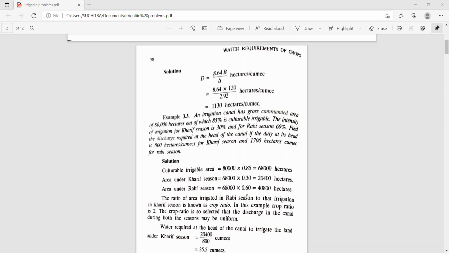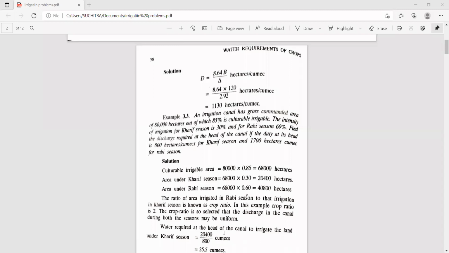The ratio of area irrigated in Rabi season to that in Kharif season is known as the crop ratio. In this example, the crop ratio is 2. The crop ratio is selected so that the discharge in the canal during both seasons may be uniform. Let us not worry about this crop ratio.